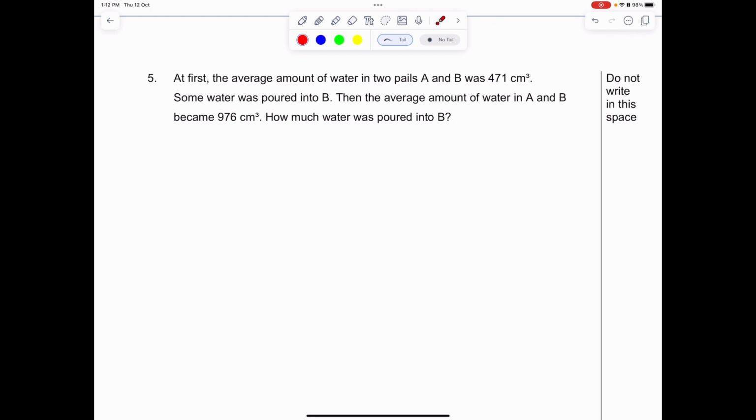So the first thing you need to do, I'm going to draw for you 2 buckets. So at first, what they mean is that you have bucket A and you have bucket B. Now the average of these 2 is 471.